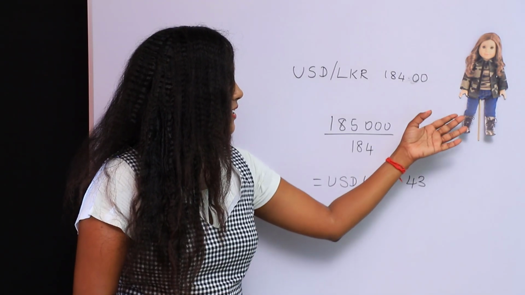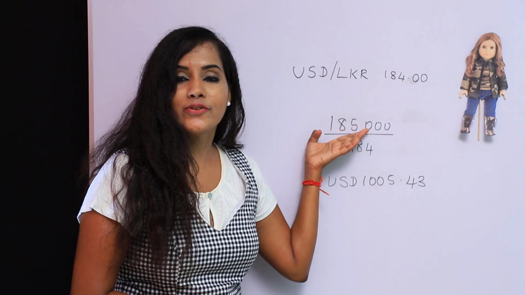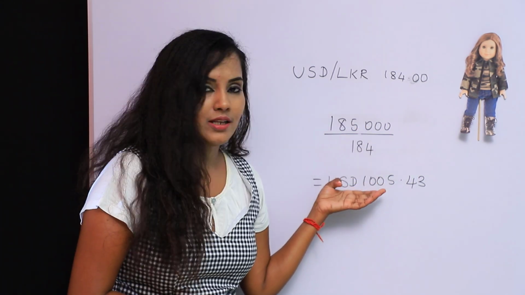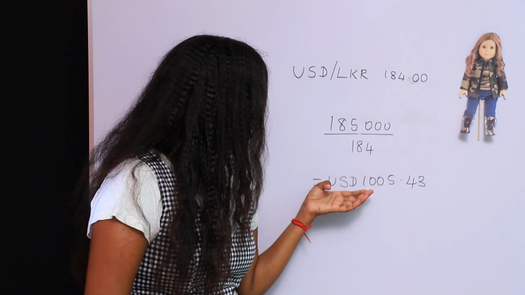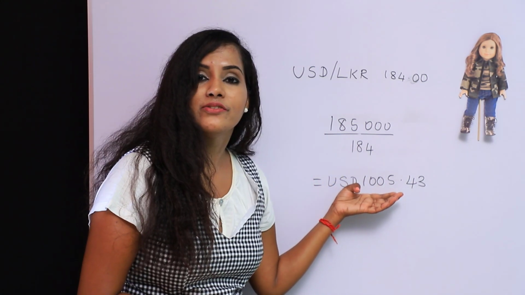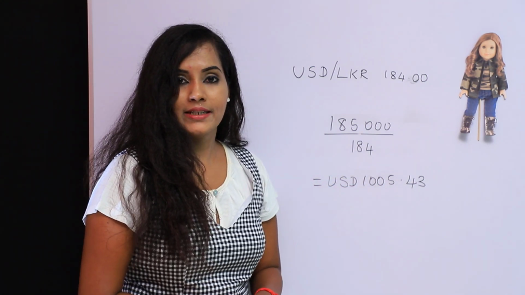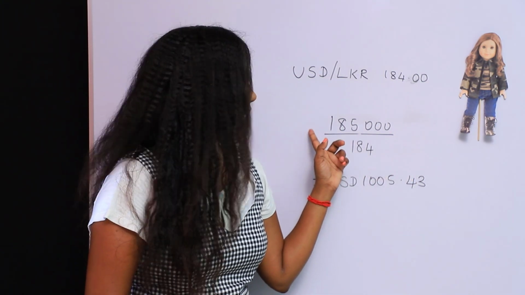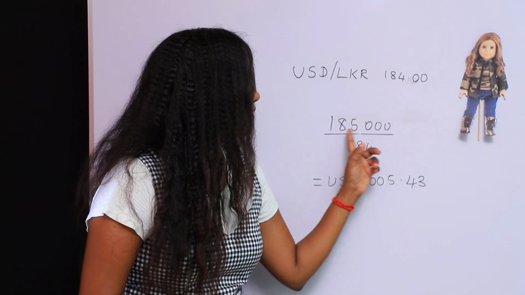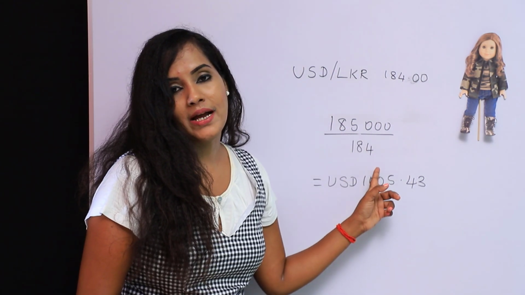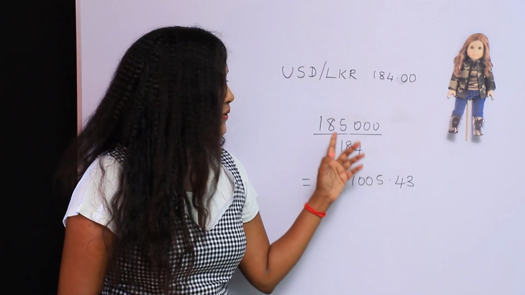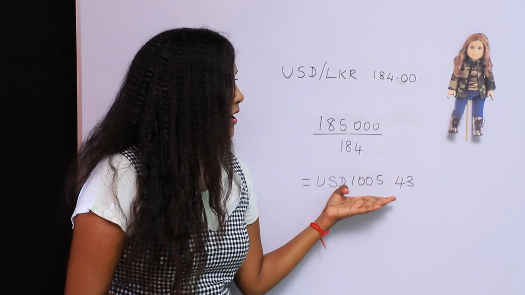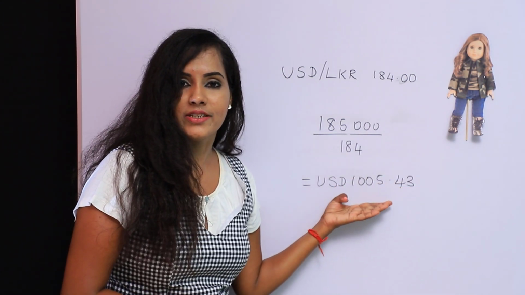If Sarah exchanges 185,000 Sri Lankan rupees into US dollars, she will get nearly $1,005 from the bank. So here, since it's an indirect quotation, we have to divide the total Sri Lankan rupees by the exchange rate. So based on this indirect quotation, we can calculate how much Sarah will receive.